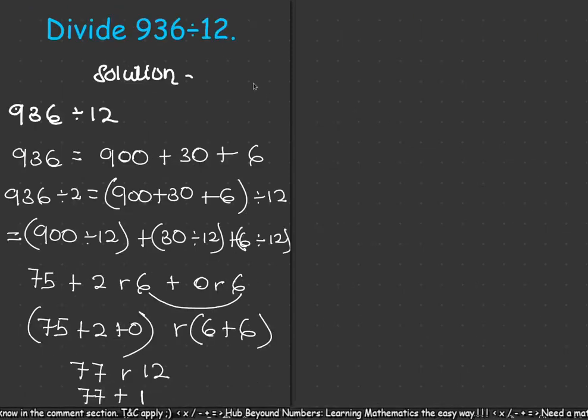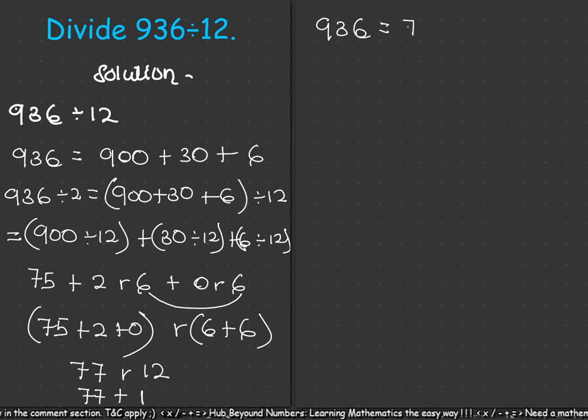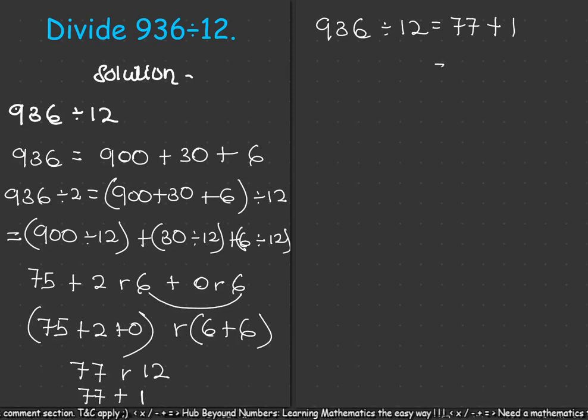This simply means that 936 divided by 12 is equal to 77 plus 1, which is 78. As simple as that.